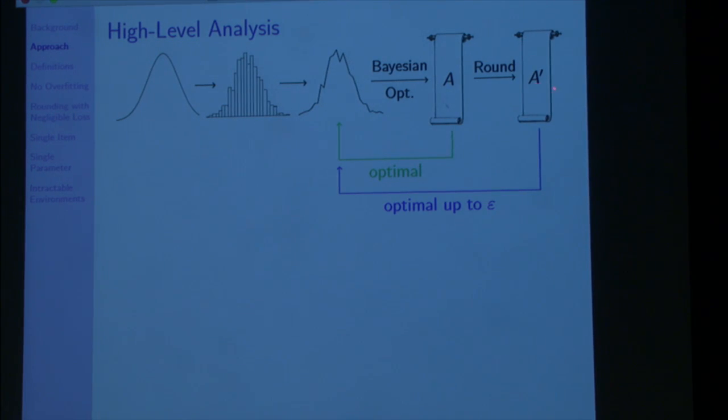To get an auction A prime, we're going to reason about why A prime is optimal for the empirical distribution up to epsilon. And then we're going to reason about why A prime is almost as optimal for the original distribution. That's the rounding gives us this robustness of saying that A prime performs similarly well here and here.